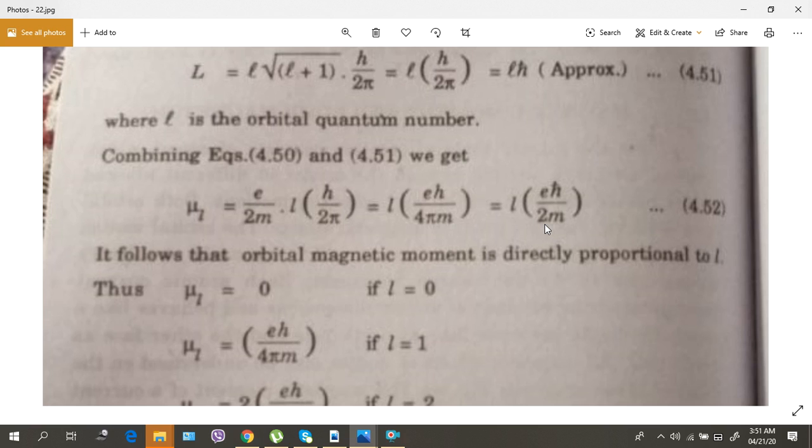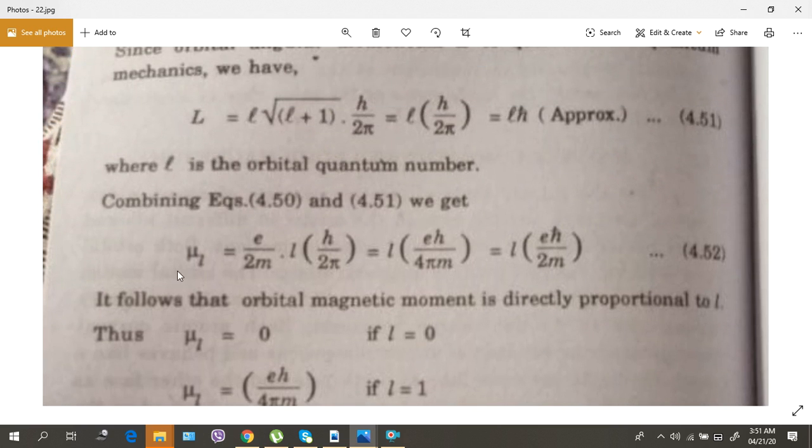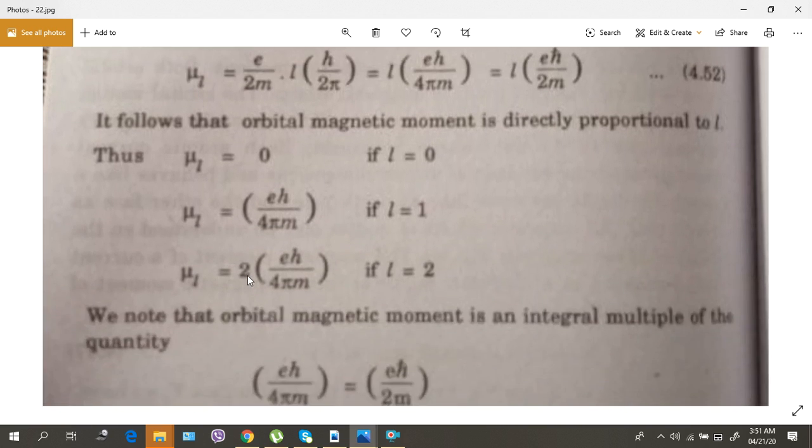So it follows that this is the orbital magnetic moment. The orbital magnetic moment is directly proportional to L. Thus mu L is equal to 0 if L is equal to 0. Mu L is equal to eh over 4 pi m if L is equal to 1, and mu L is equal to 2eh over 4 pi m if L is equal to 2.